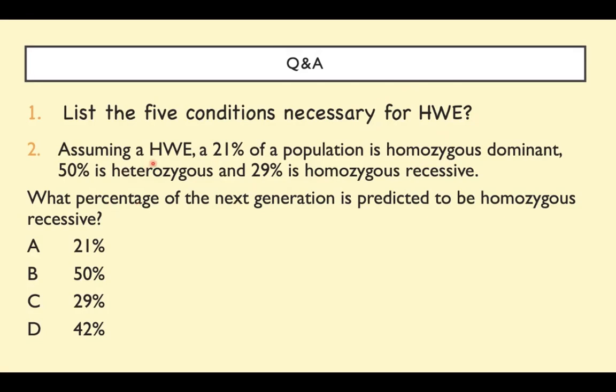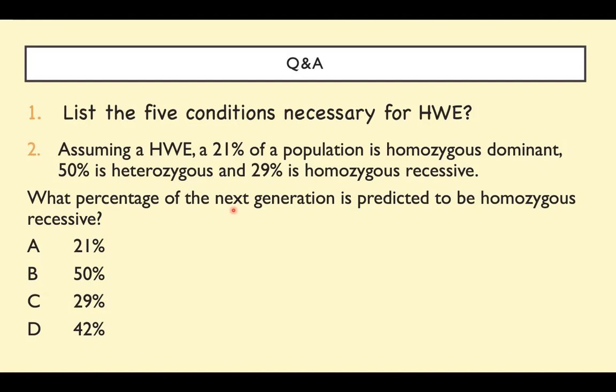Assuming a HWE, 21% of the population is homozygous dominant, 50% is heterozygous, and 29% is homozygous recessive. So what percentage of the next generation is predicted to be homozygous recessive? So siapa nak try? Saya doktor. Ya, siapa tu? Alia. Okay.